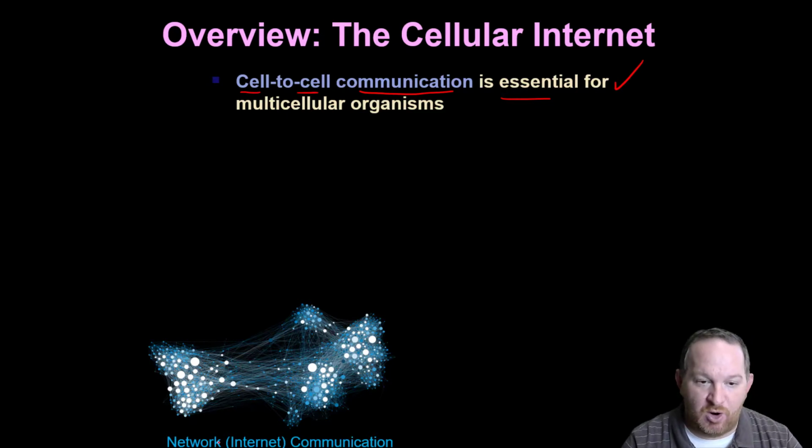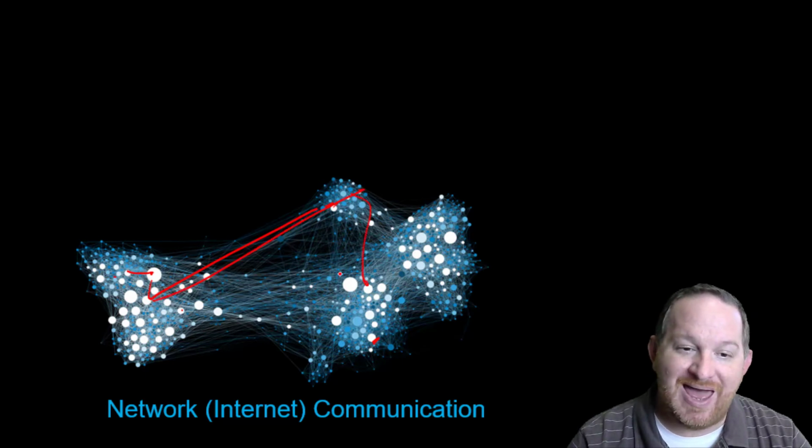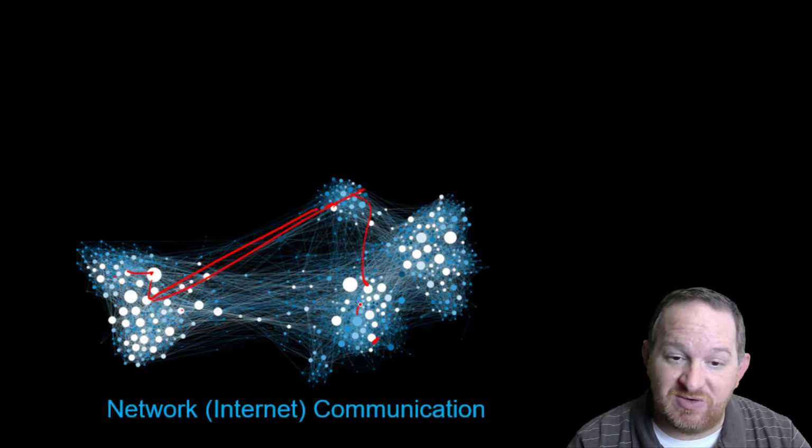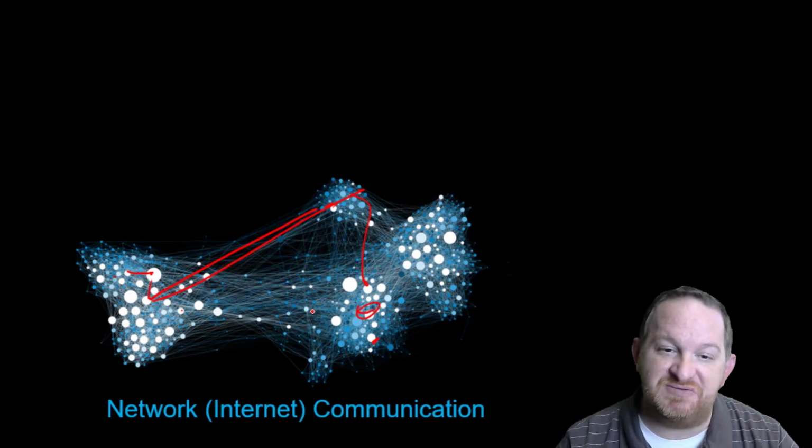If you know how the internet works or a network works, basically you have computers that serve as little hubs, and then there's a connection to another computer. So if I'm here and I want some information from, I don't know, France, right? That's connected to a hub, which is connected to another hub, which is connected to a hub, and that access goes to me eventually by way of several intermediary nodes or points.